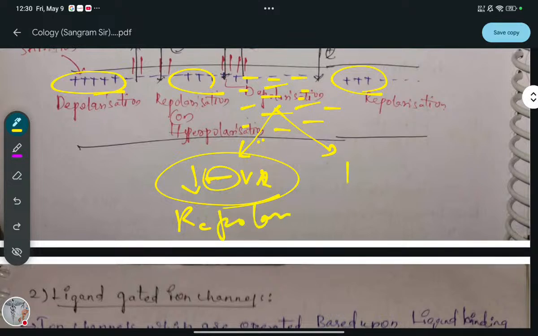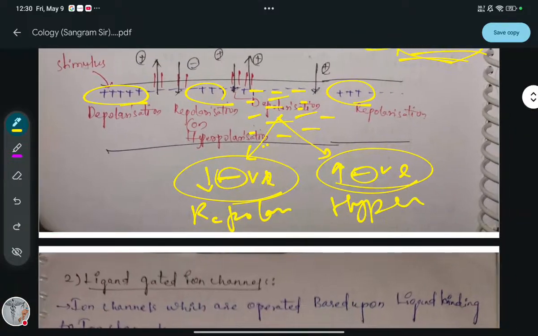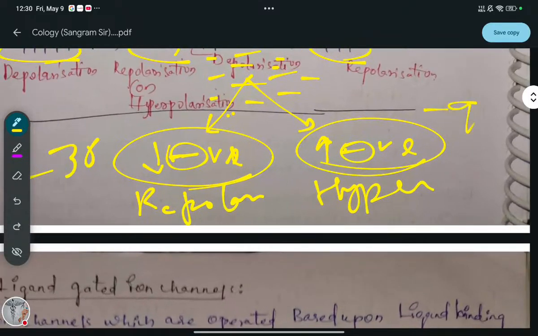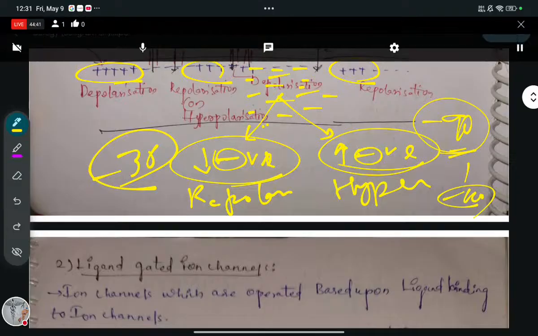If more negative charges are there, it will cause hyperpolarization. Approximately minus 70 or minus 30, and minus 90. When minus 90 is there, it will cause hyperpolarization, minus 90 to minus 120. And when only minus 30 is there, it will cause repolarization.